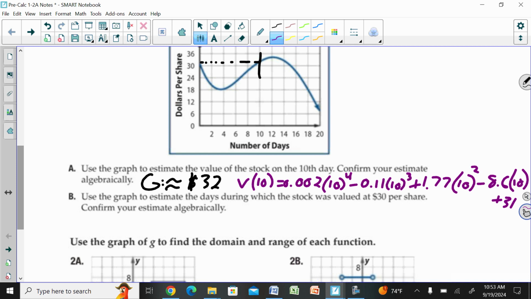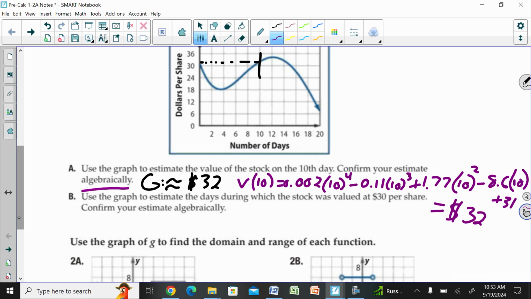If you compute all that math, you're going to see that it does check out to $32. That's how we confirm our estimate algebraically.